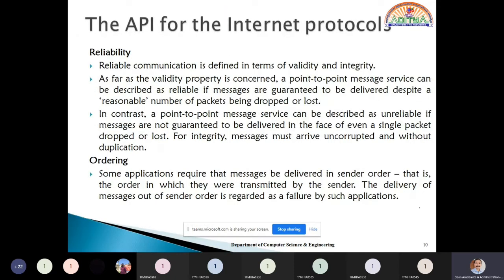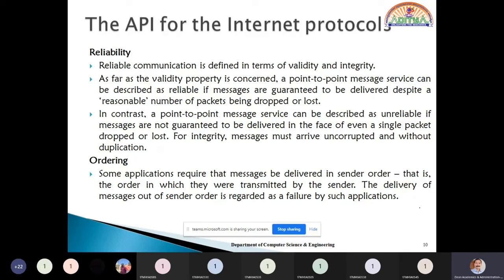Another characteristic that we have to talk about is reliability. Reliability is defined in terms of validity and integrity. So what does validity mean? If you want to say that the communication is reliable, that means whatever messages you are passing, point to point, the message is guaranteed to be delivered despite packets being dropped or lost.